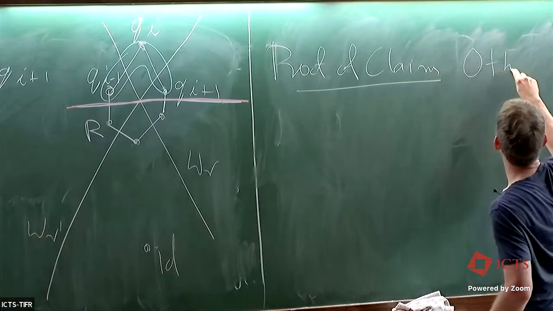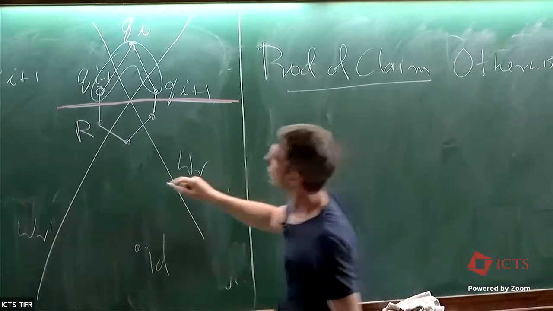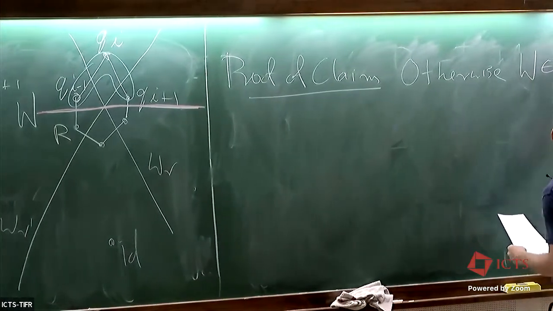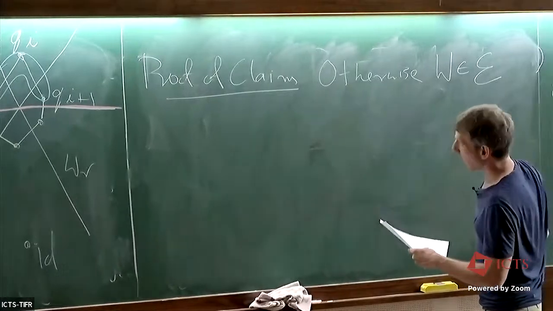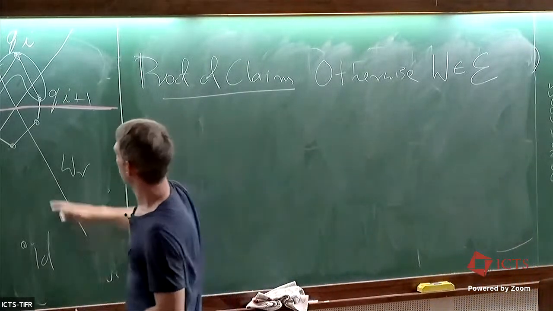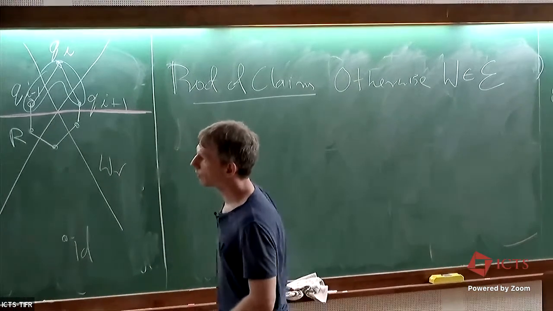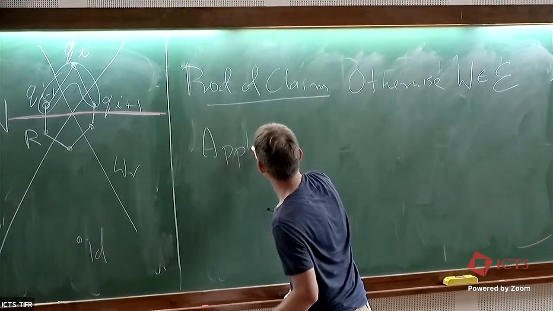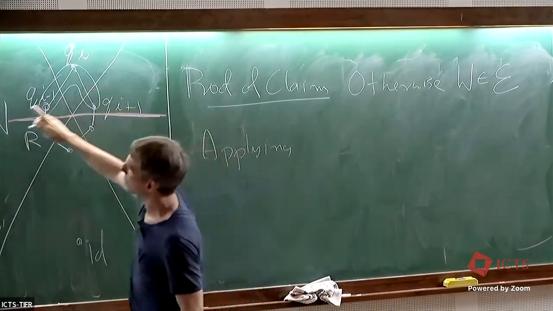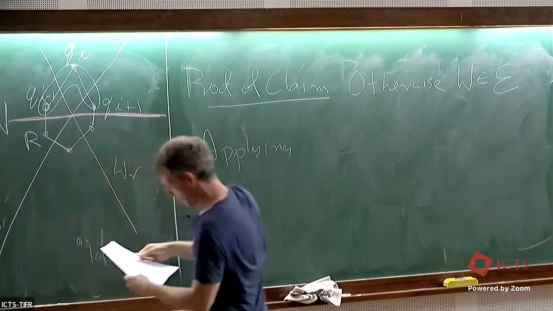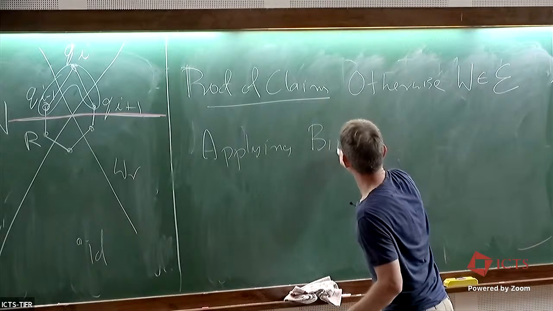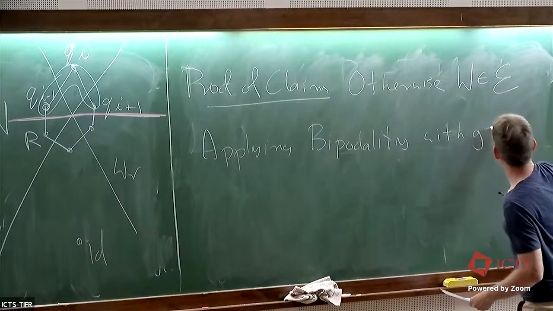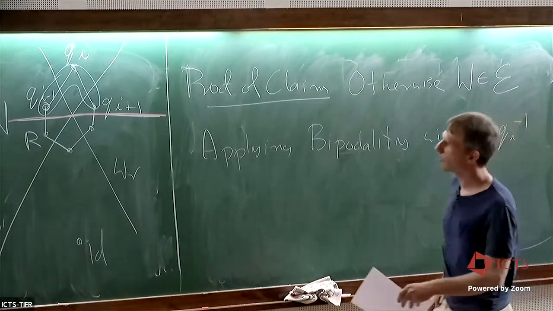So now, proof of claim. Otherwise, this wall, call this wall W, belongs to the elementary walls, the walls closest to identity. Now we apply bipodality, exactly in the way I mentioned, just by mapping Qi to identity, applying bipodality with G equal to Qi inverse.